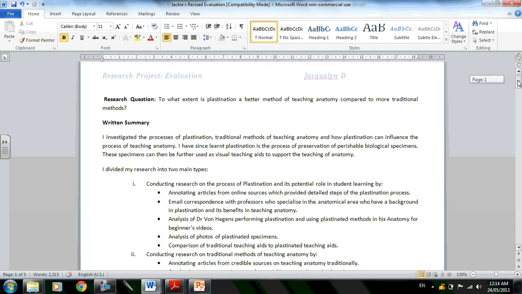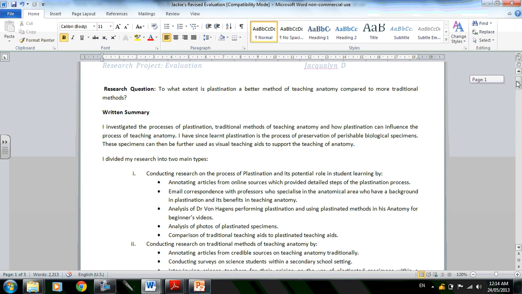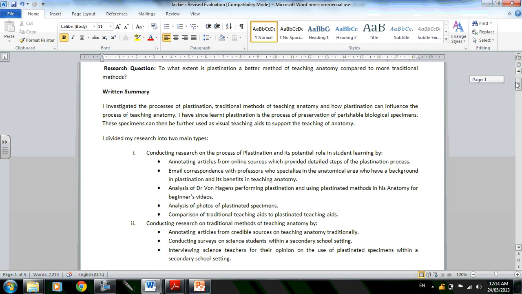It is awkward, very peculiar. This child is studying medicine, so she's very much into that. And this is a written summary. Two main types: conducting research on plastination, and traditional methods of anatomy.